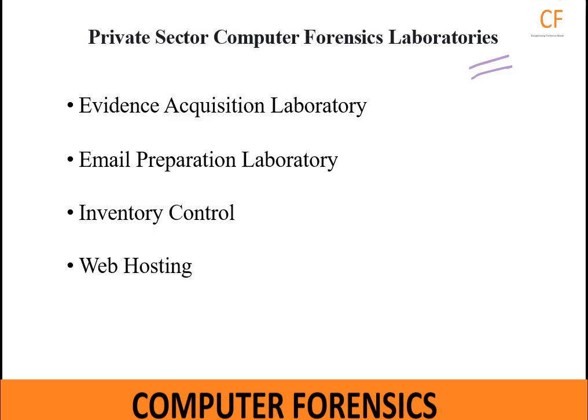Most of these investigations are not criminal investigations but are electronic discovery, e-discovery, investigations. E-discovery is the detection of electronic data for the purpose of litigation. For example, when a company litigates, the plaintiff may request certain electronically stored information.